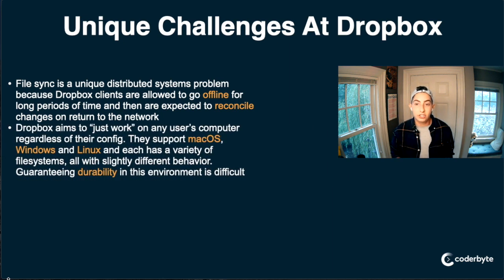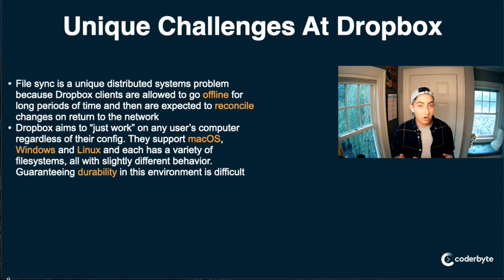Dropbox aims to just work on any user's computer, regardless of their config. They support Mac OS, Windows, and Linux, and each has a variety of file systems, all with slightly different behavior. Guaranteeing durability in this environment is difficult. So everybody kind of takes this for granted that, oh, I have a Mac, I'm running Linux, I have a Windows machine, Dropbox should just work.